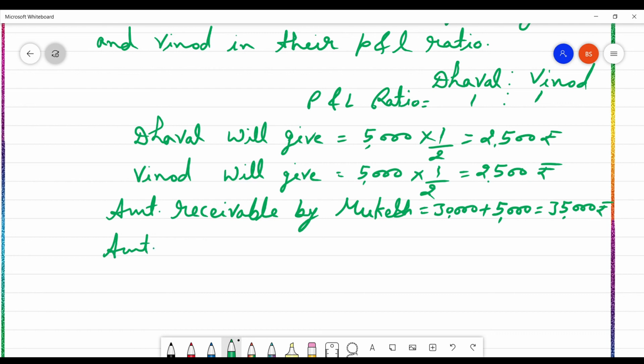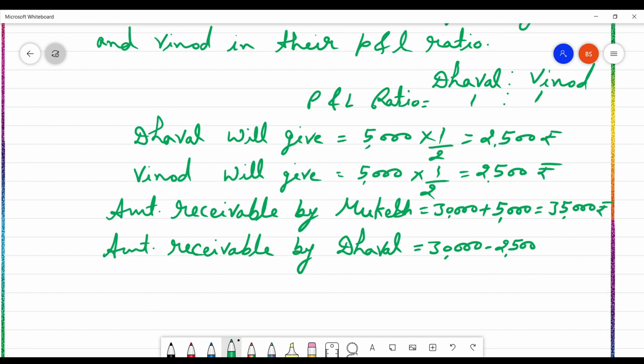Amount receivable by Dhaval: Dhaval gets 30,000 from the profit and he gives 2,500 to Mukesh. Then he will receive 27,500 rupees.